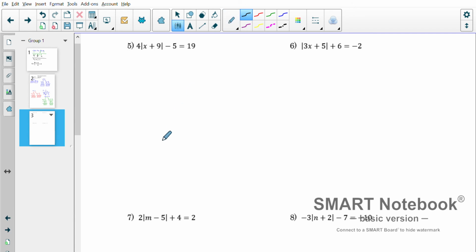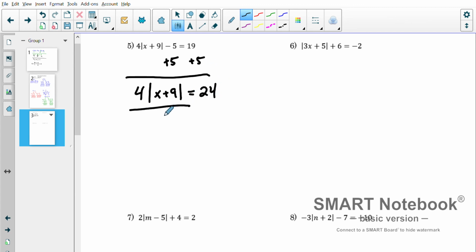All right, so hopefully you had a chance to try number 5. Here we go. Add 5 to both sides. 4 times the absolute value of x plus 9 equals 24. Divide by 4 on both sides to get rid of this out here. Now I have the absolute value of x plus 9 is equal to 6.